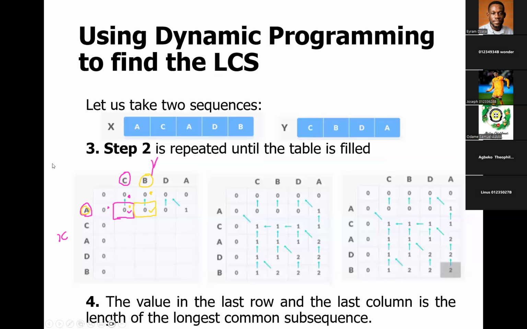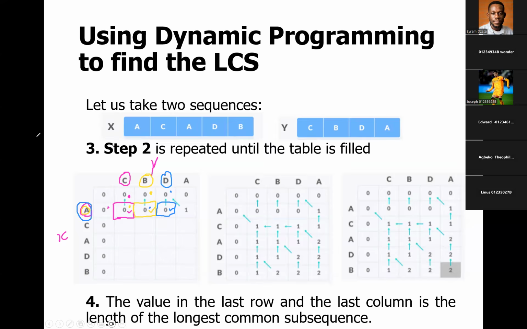Then we move to the next one, which is this cell. So in this cell, we have A and D. Are they the same? No, sir. They are not the same. So we take the previous one for the A, which is 0, and the D, which is also 0. Then we find the maximum between these two, and that will also give us 0.